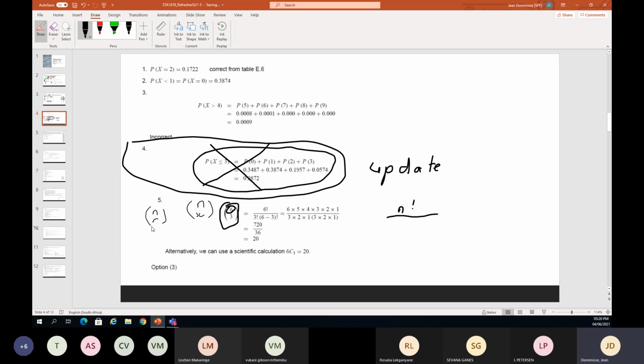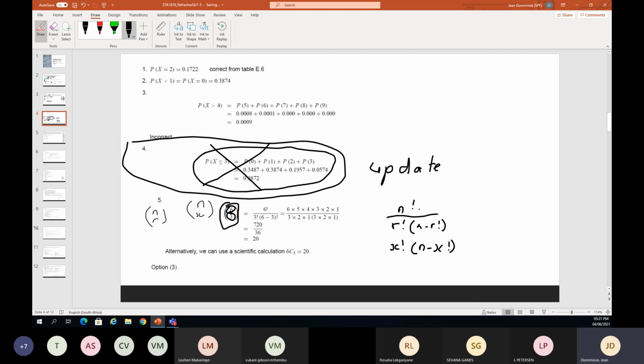There are a few ways that you can write that. So basically it is n factorial, then r or the x factorial, and then n minus r factorial, or n minus x factorial.